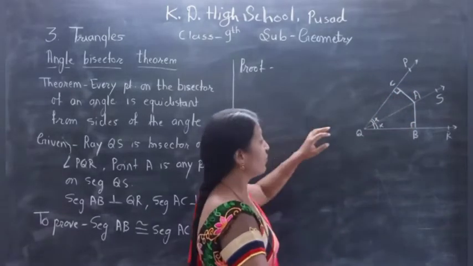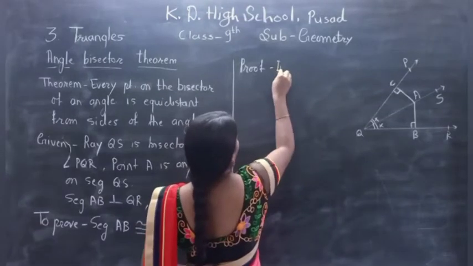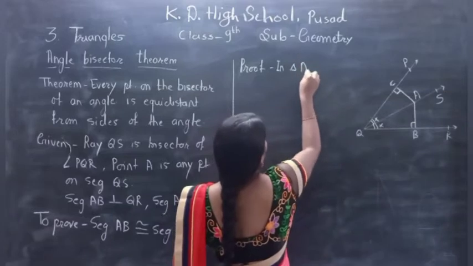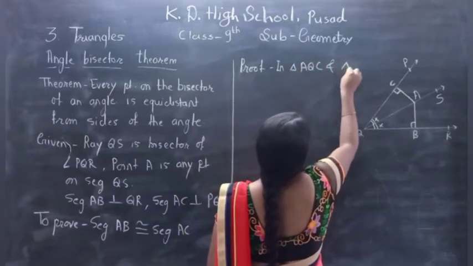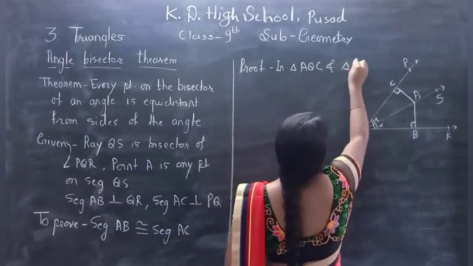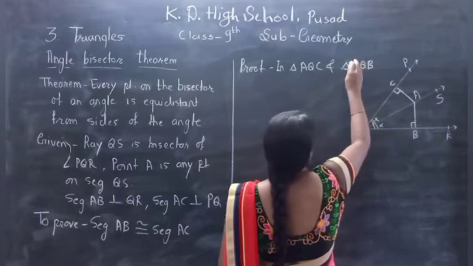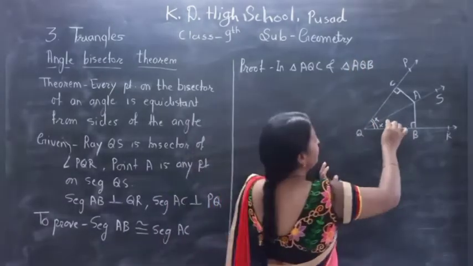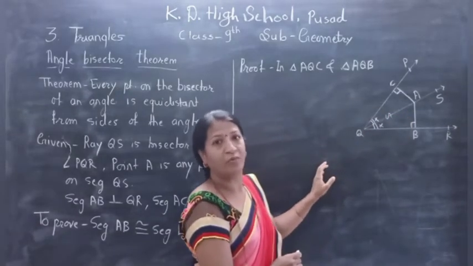So for that, first of all, we consider two triangles. In triangle AQC and triangle AQB. Now see, here we observe that in these two triangles, segment QS is the common side of both the triangles.